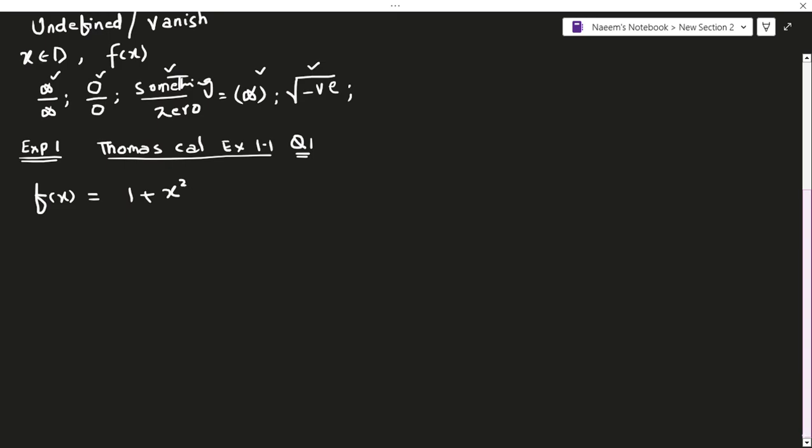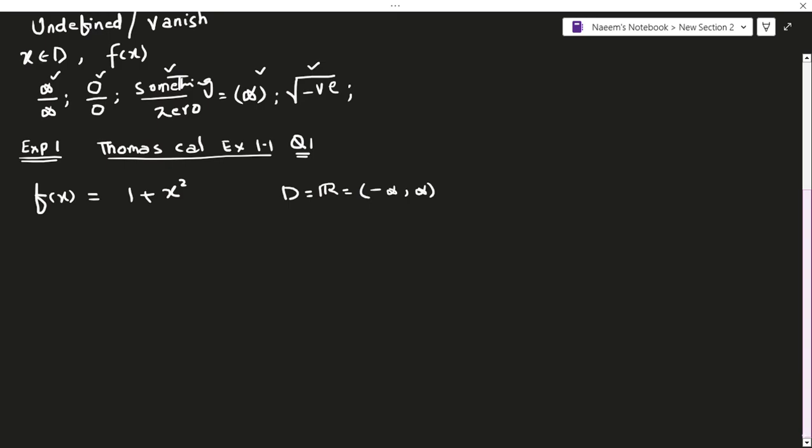Here, what does D mean? I already described in my previous lecture that set D is actually the set of real numbers, which goes from minus infinity to plus infinity. You can put anything from this set, and we have to restrict this set R to where f of x is defined or undefined.